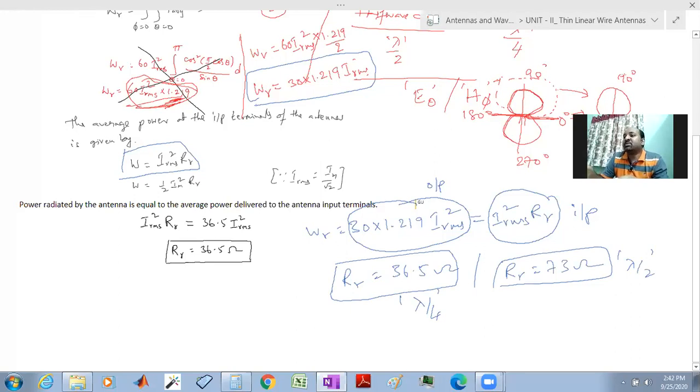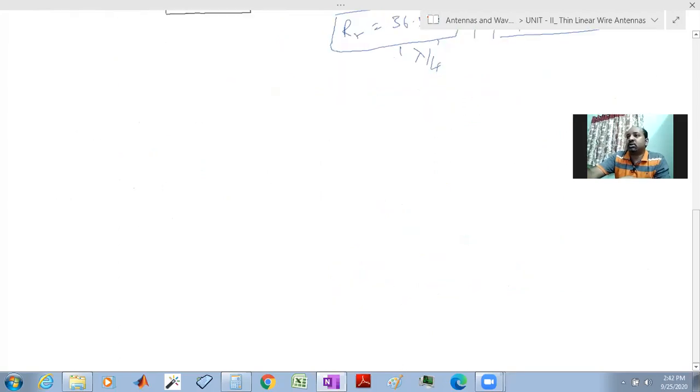And in a similar way, you can also determine the directivity, following the same procedure. So what is the procedure to determine directivity?